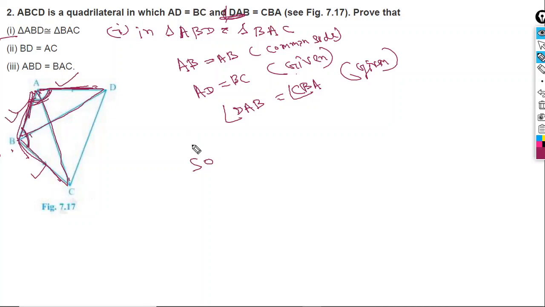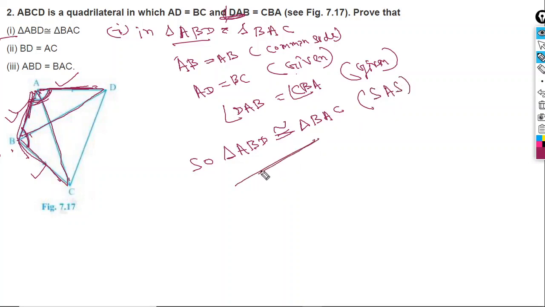So we can write triangle ABD is congruent to triangle BAC. Why? Congruency criterion is side angle side. As both the triangles are congruent, their corresponding parts will also be equal. First part was two triangles are congruent. So we have solved the first part. Now come to (ii).